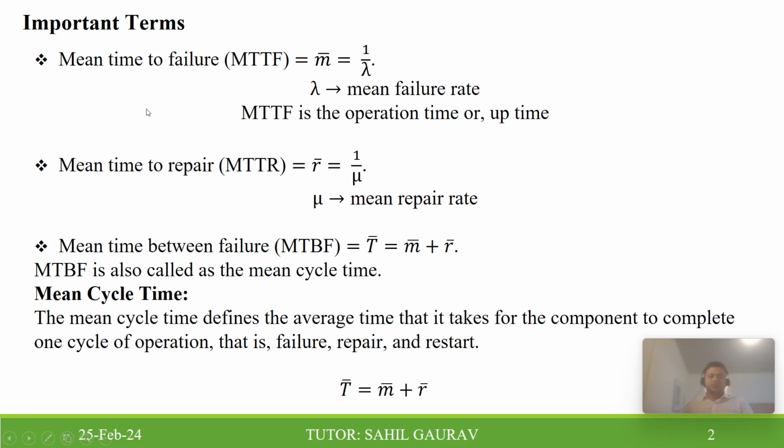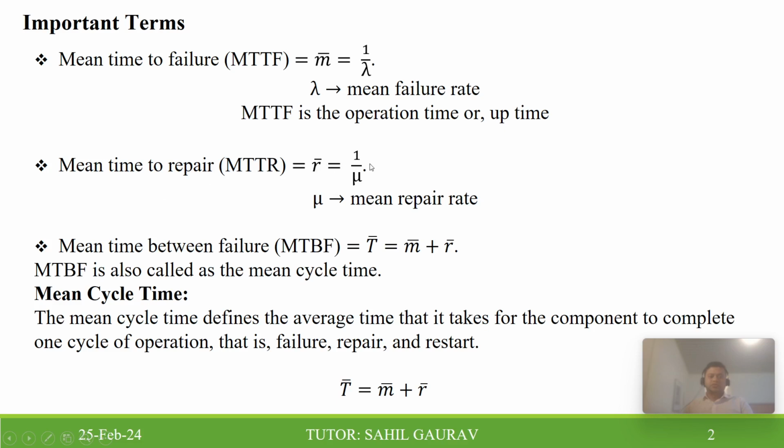Mean time to failure is the operation time or uptime for an element or system. The second term is mean time to repair, which we represent by R bar.